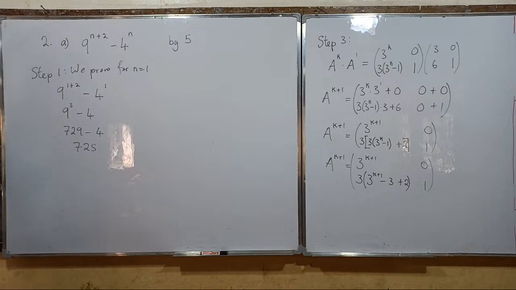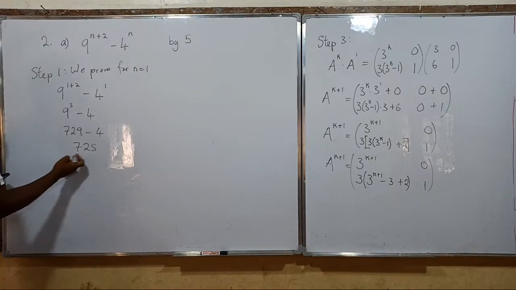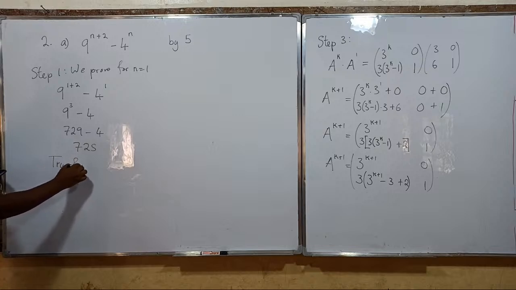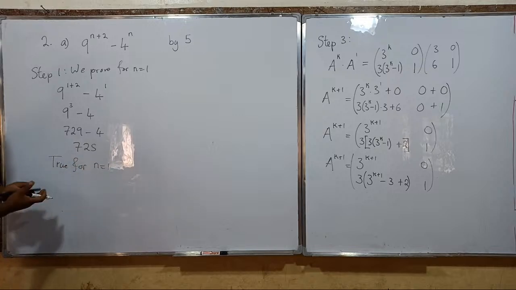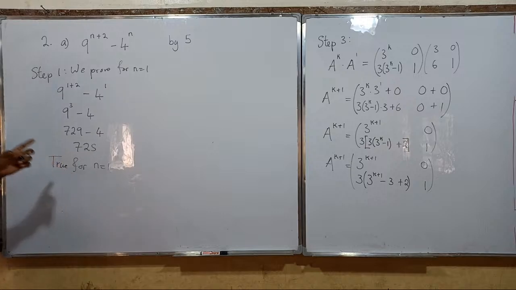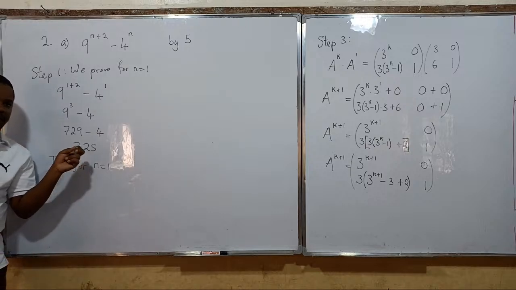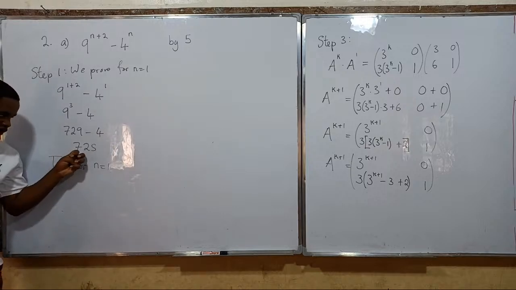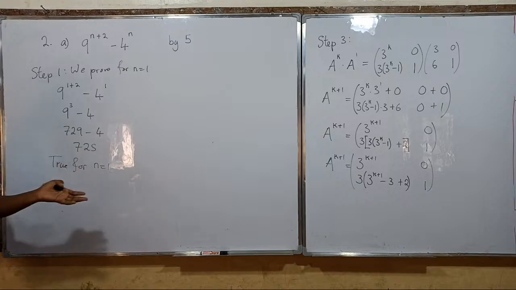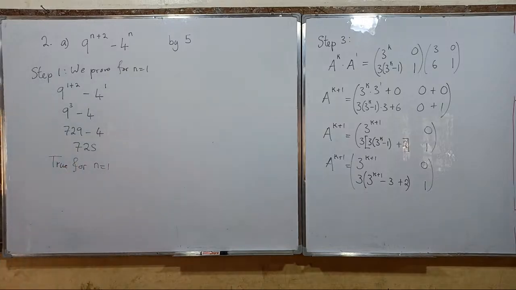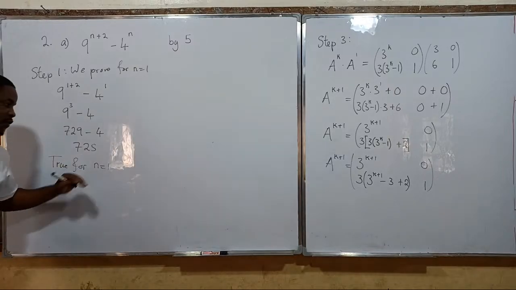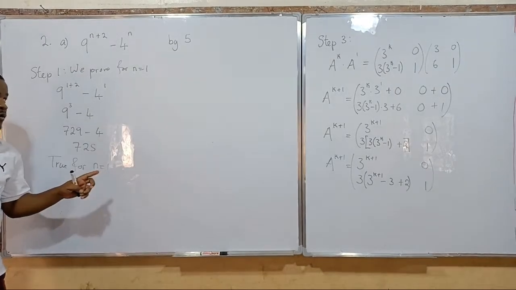You're doubting? It can, right? So since 5 can go into this number without leaving a remainder, then we say true for n is equals to 1. If you find a number such that 5 cannot go into this, if it gives you a decimal point something, you conclude there it's not true by induction. It ends there. But since 5 can go into this number without leaving a remainder, then it is true for n is equals to 1.